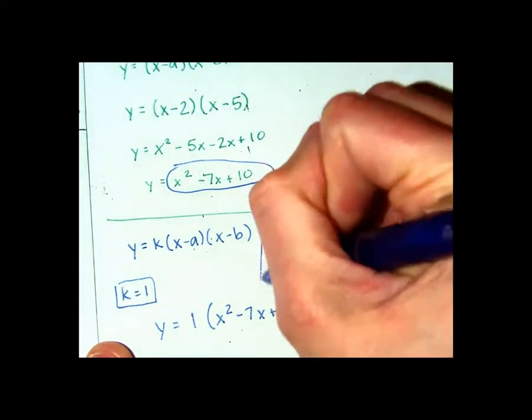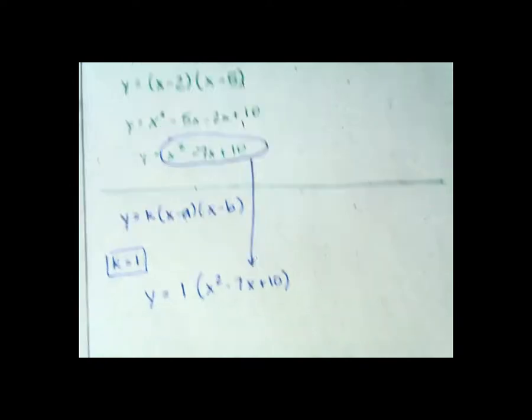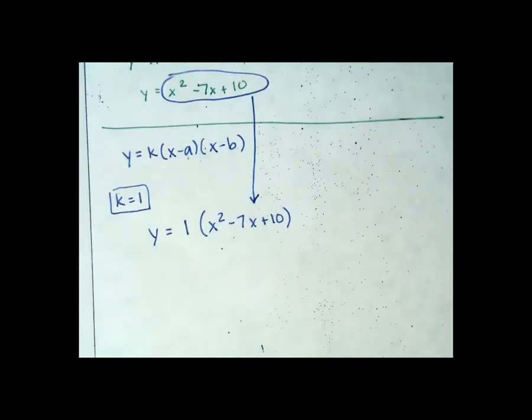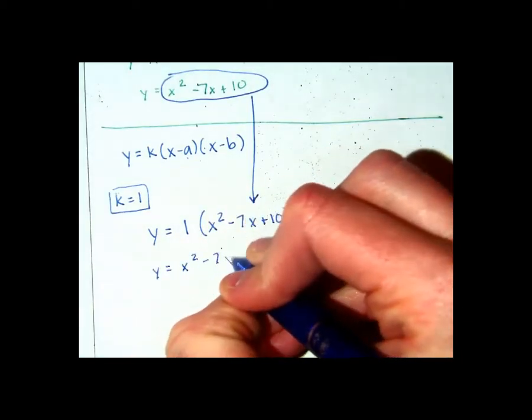I'm just replacing it right there. Now what happens when I multiply everything by 1? It stays the same. So when k equals 1, nothing's going to change.